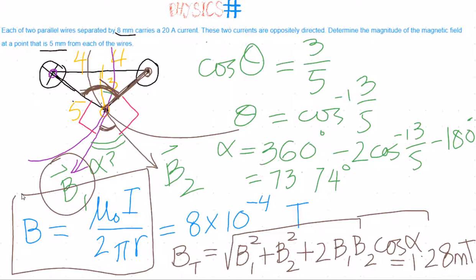Other than that, the major concept in this problem is to grasp the idea of vectors, and to know that magnetic fields are always vectors, and also to know that the magnetic field about a current carrying conductor always follows a circular path, so that whenever you use the right-hand rule, the direction of the magnetic field at any point in space is along a direction perpendicular to the radius vector or the radius line.